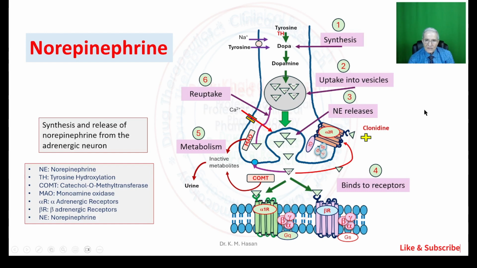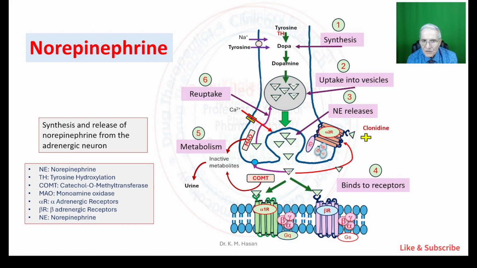So we have 6 steps for norepinephrine: synthesis, uptake into the vesicles, release from the vesicles to the synaptic cleft, binding to receptor, metabolism, and reuptake.